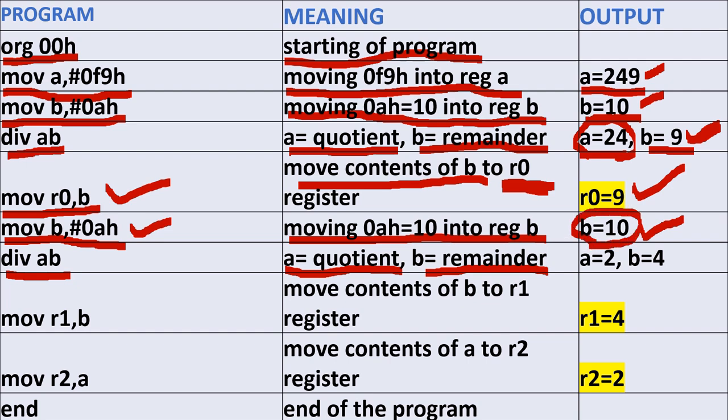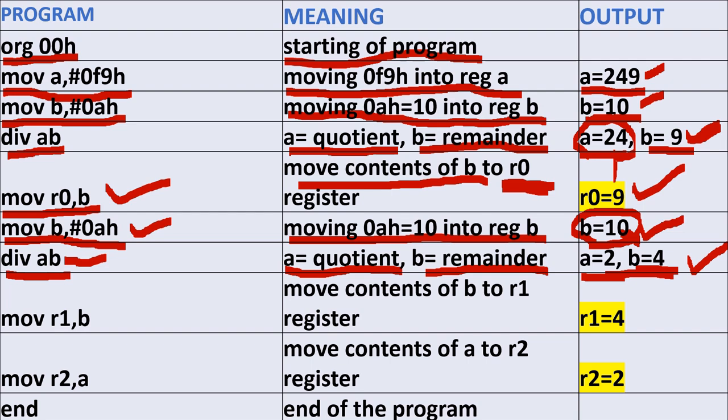So when I divide this A by B, that is, this 24 will be divided by 10, I will get A is equal to 2 as a quotient and B is equal to 4 as a remainder. So this is how I am doing the division operation the second time, and I am noting down the quotient and remainders. The quotient will be stored in register A and the remainder will be stored in register B. Therefore I am getting this answer as A is equal to 2 and B is equal to 4.